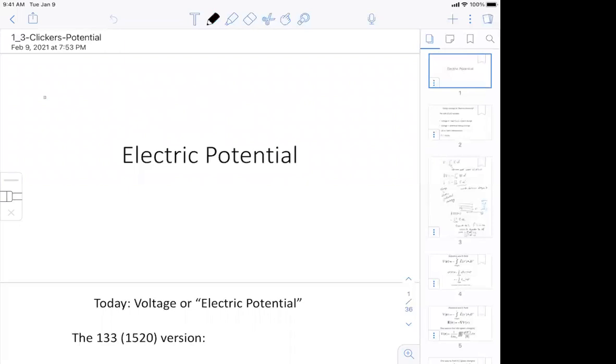I remember it as voltage. Okay, very good. It's a scalar. Scalar, excellent. It's created from electric fields, when there is an electric field.